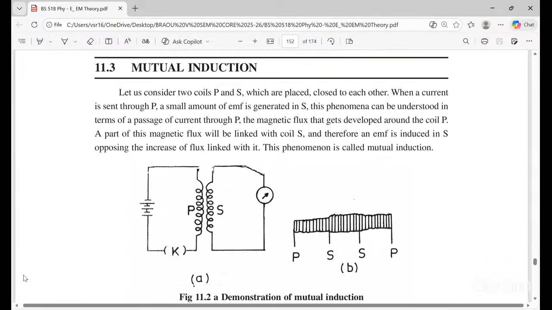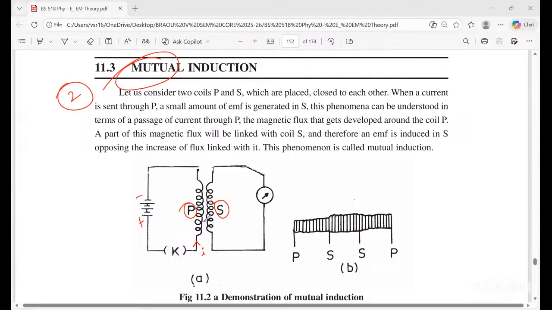Next, mutual inductance. In the previous section, we considered only one coil. Mutual inductance itself needs two coils. So see here, primary and secondary. This is the battery here, and the key is there. Whenever current flows in this direction in the primary coil, what will happen?